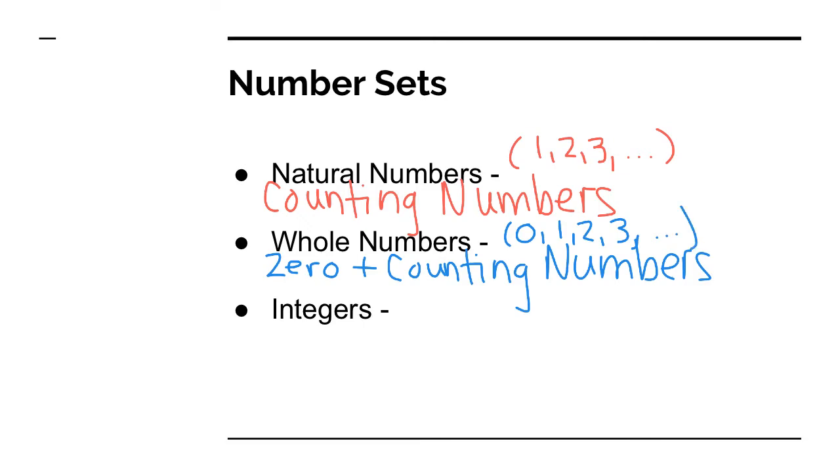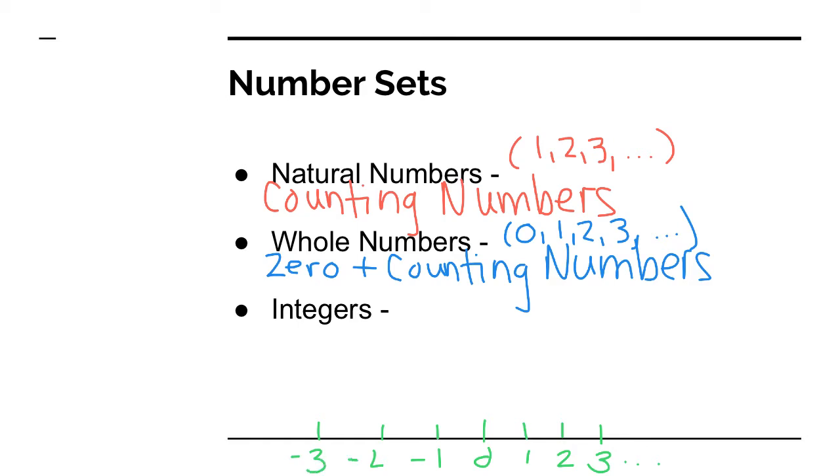Your next set are integers. So when you had a number line when you were a little person, it started off with just the right-hand side of the number line. And then your teacher told you, well, that's only half of the numbers. And so she gave you a number line that looked like this and said, you can also count backwards.